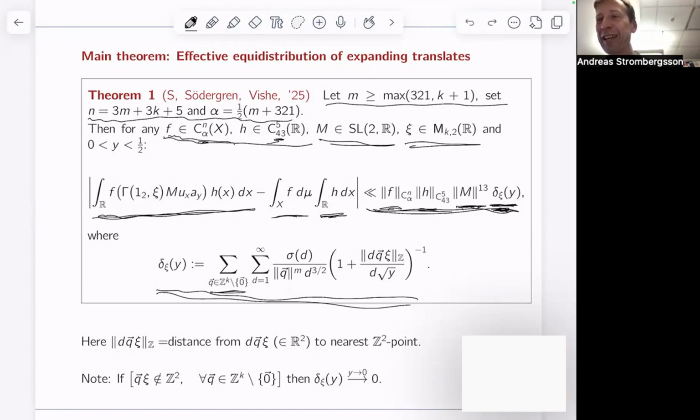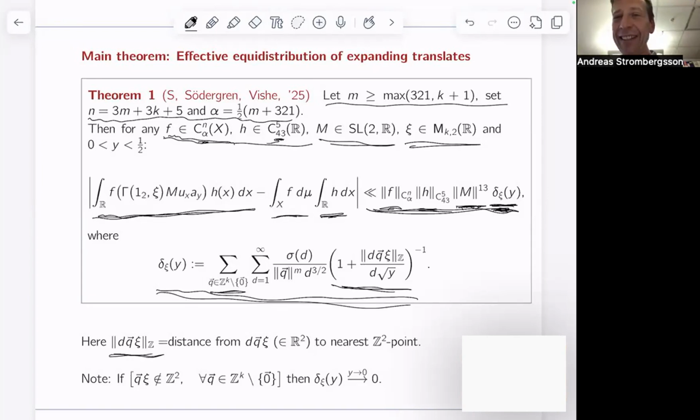But the point is that this number here is less than or equal to 1. And supposing that psi is favorable, so supposing that psi satisfies the genericity assumption that I stated before, saying that q times psi is never an integer vector, then let me explain notation.